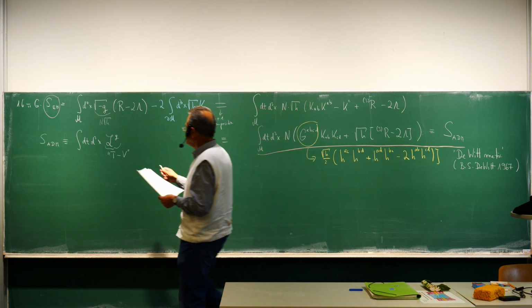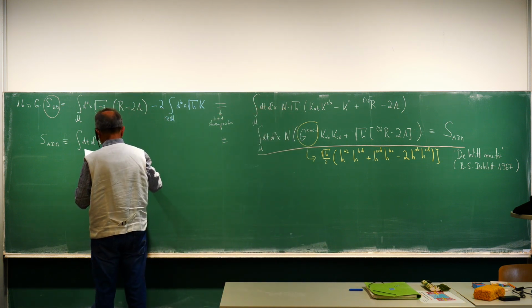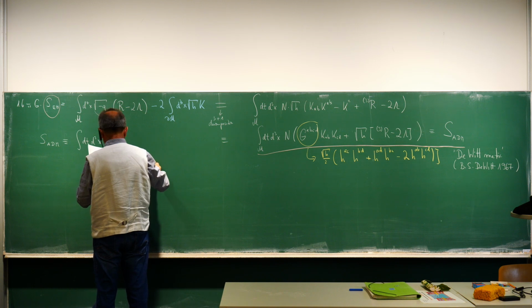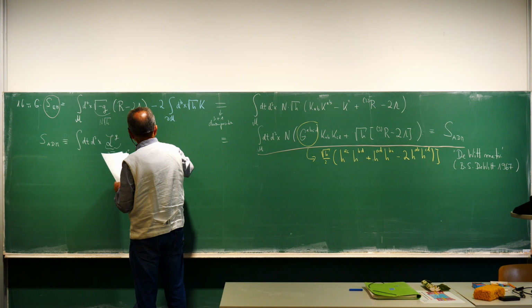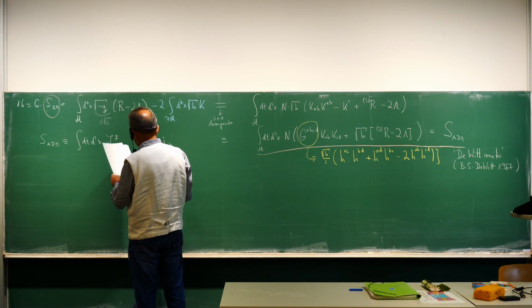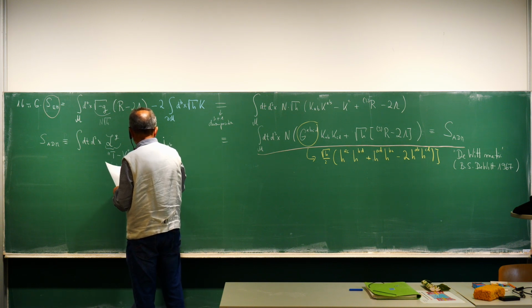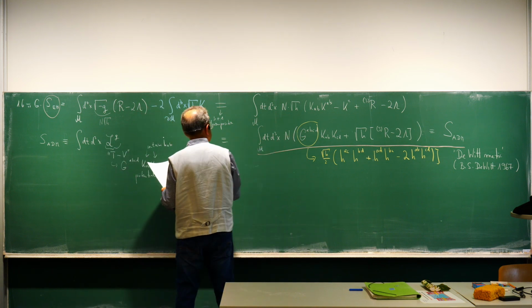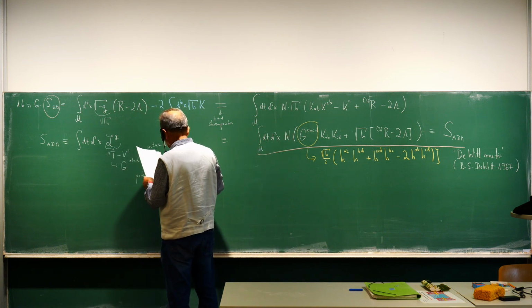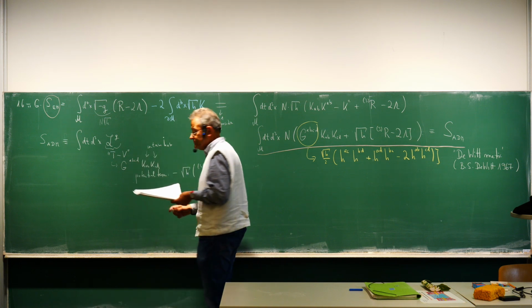So here you have the G^{abcd} K_{ab} K_{cd}, and so this contains here h_{ab} dot, and the potential term is then here minus square root of h times (3R minus 2 lambda).